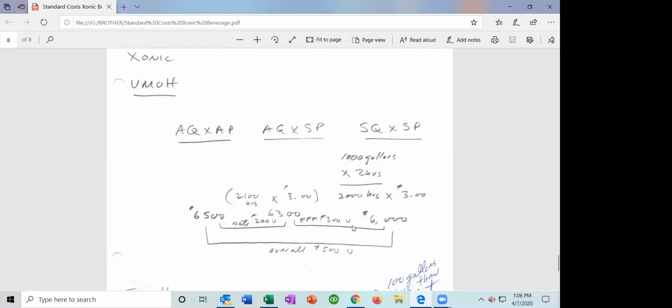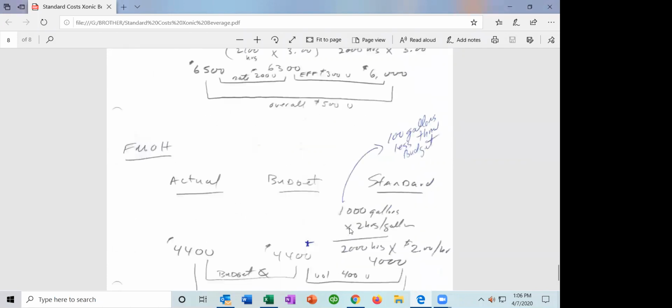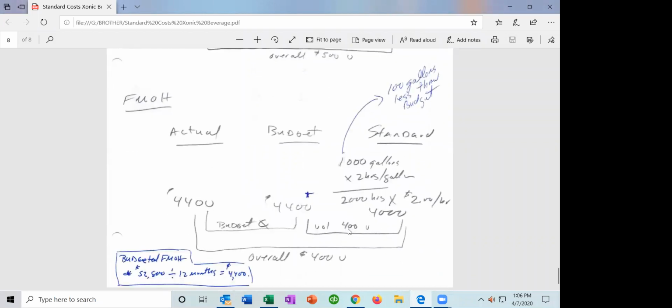I don't get too worked up about variable overhead. What's important to know here is that they were inefficient, but we know that, right? Took them 100 hours too much at $3, $300 unfavorable variance.